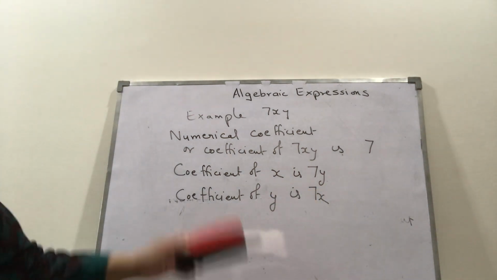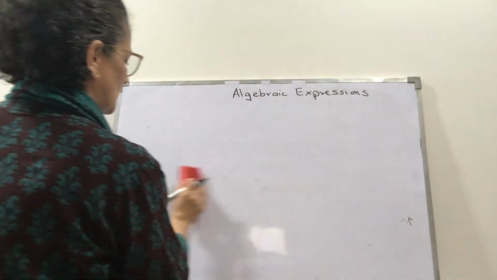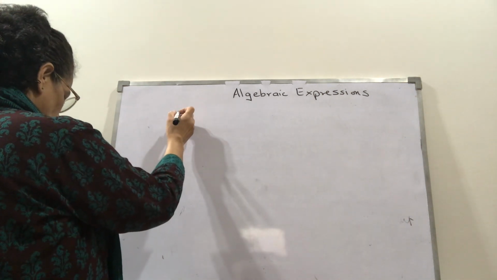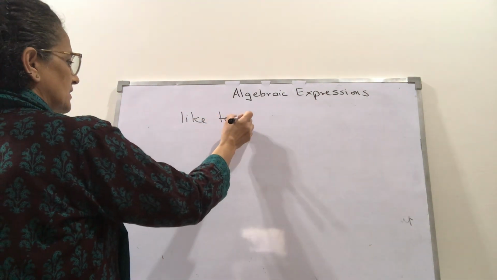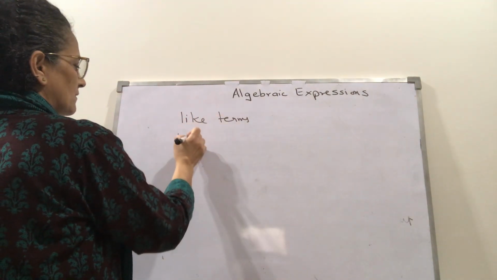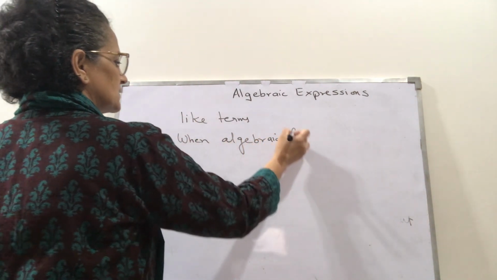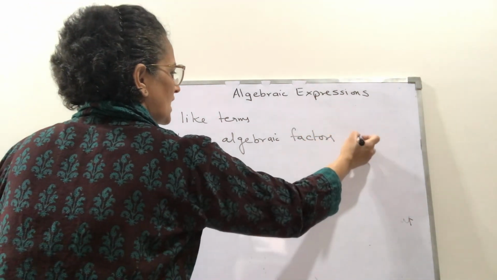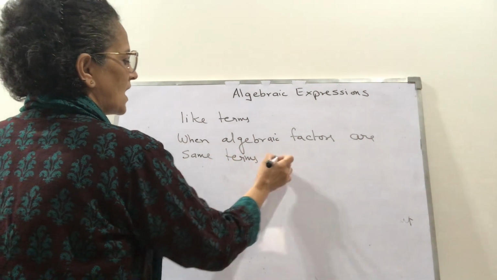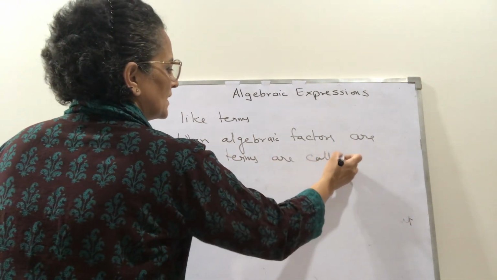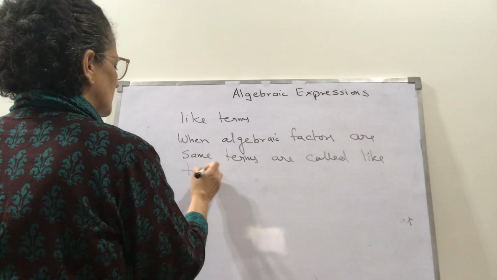Now let's talk about some more terms. So we write about like terms. So when algebraic factors are same, terms are called like terms.